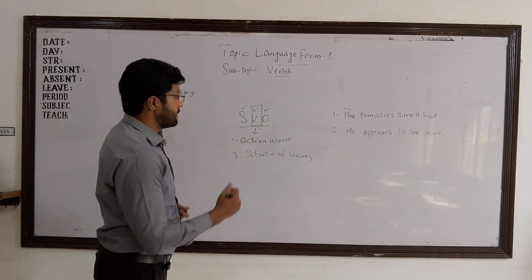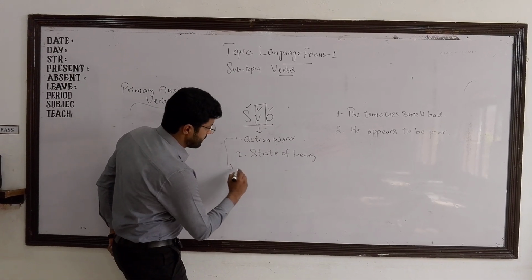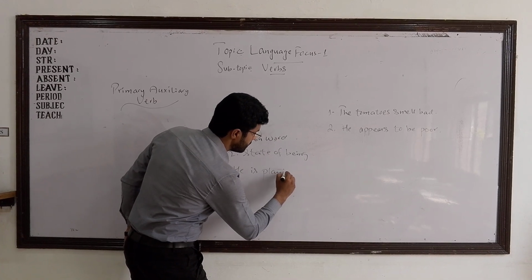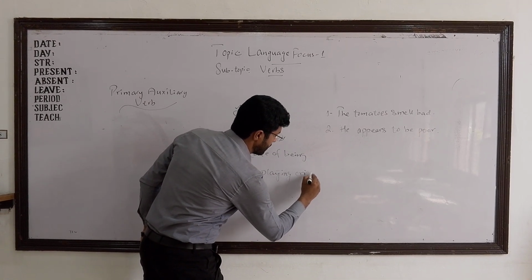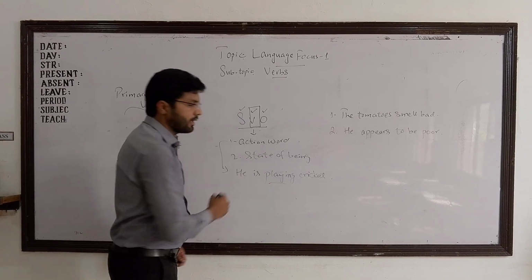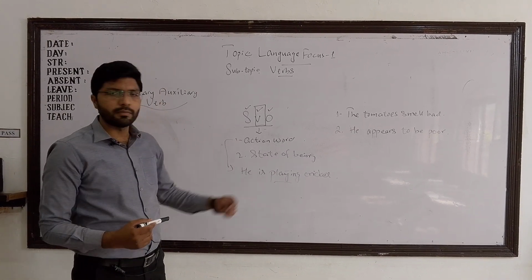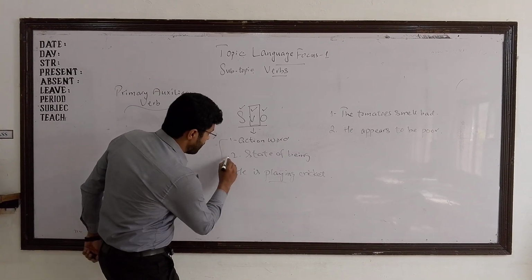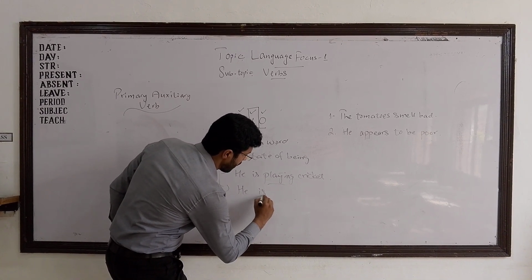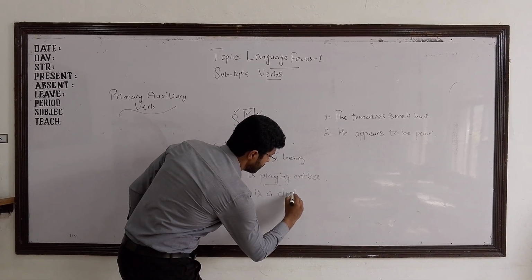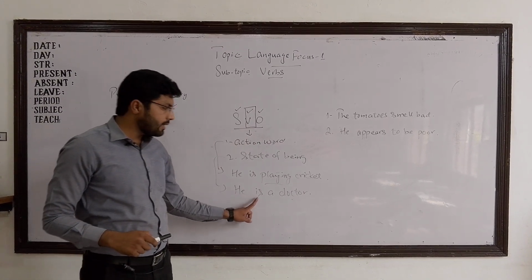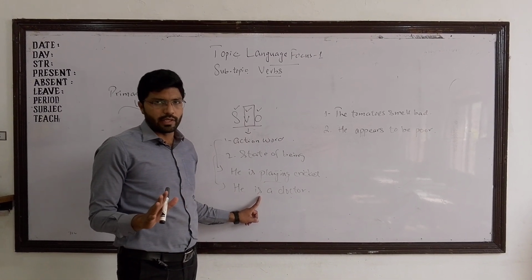For example, let's take an example of the first sentence of an action word. He is playing cricket. So over here, playing is an action word, and it's a verb. But as for the second thing, the state of being: he is a doctor. Over here in this second example, is is not performing any type of action.